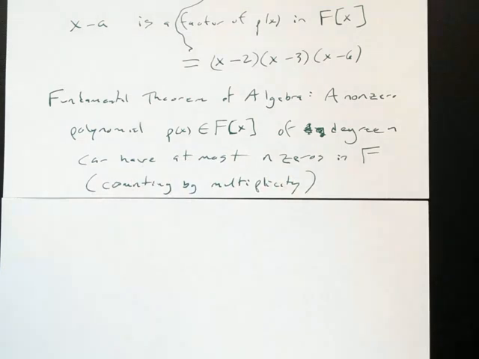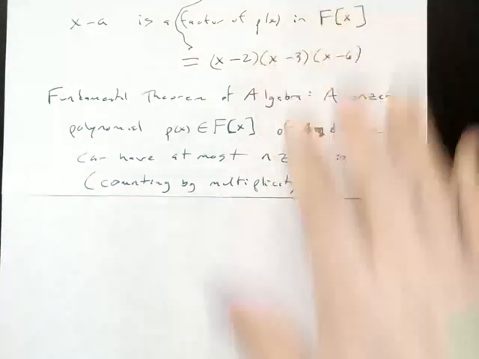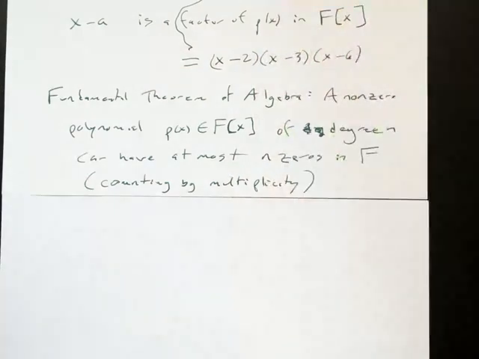Can you guarantee some field where I can completely factor, as we did up here, and get all the roots to that polynomial? Does it always work? I guarantee you the answer to that is no, because you've done it already.